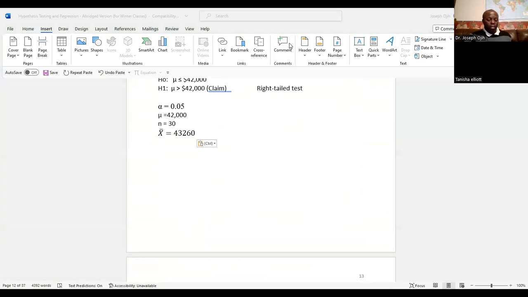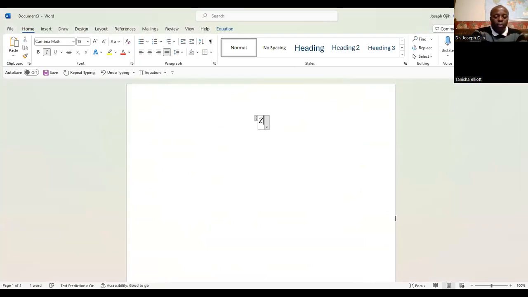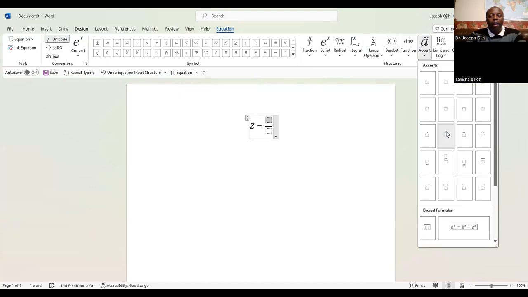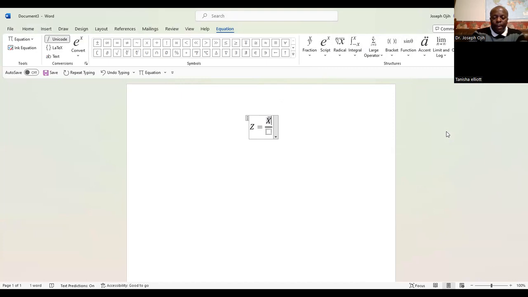So you have z equals, I'll move this down, z equals, we put the parentheses, x bar and our mean, divided by standard deviation over square root of n.